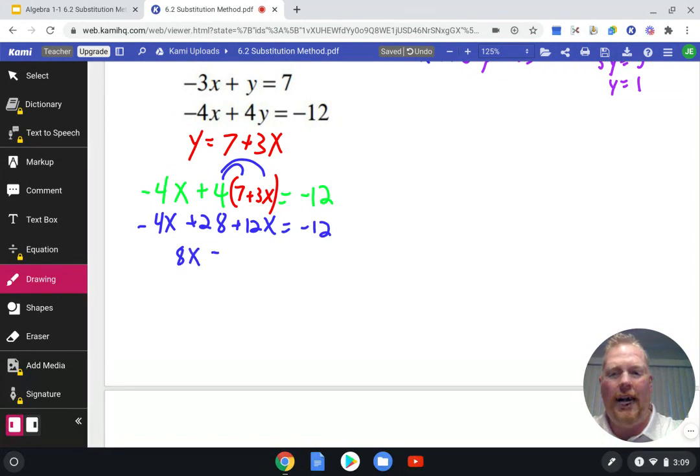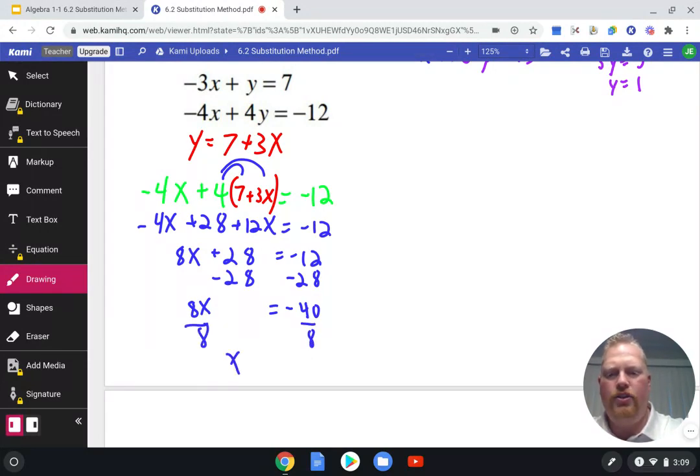So that makes 8x plus 28. Subtract the 28 from both sides. I get 8x equals negative 40. Divide both sides by 8, and shazam, x equals negative 5.